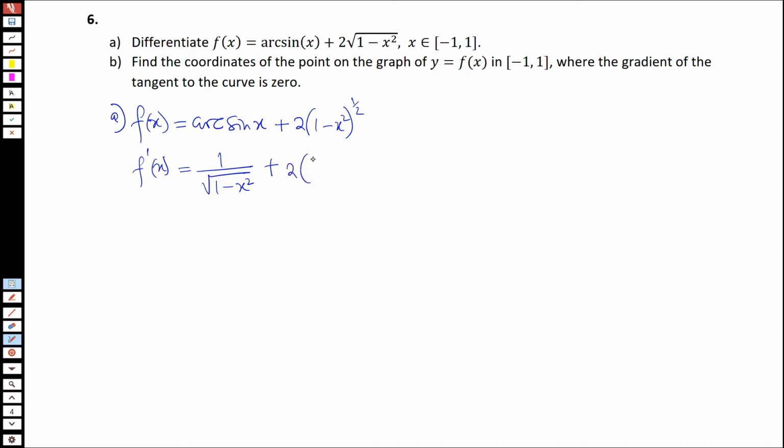We'll have 2 multiplied by a half multiplied by 1 minus x squared to power negative a half. That is achieved by bringing a half to the left and then reducing the power by 1. And then the derivative of the inside will be negative 2x.